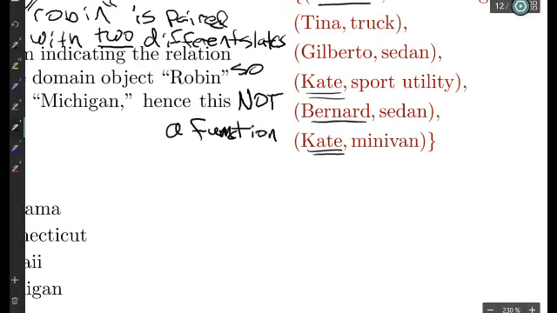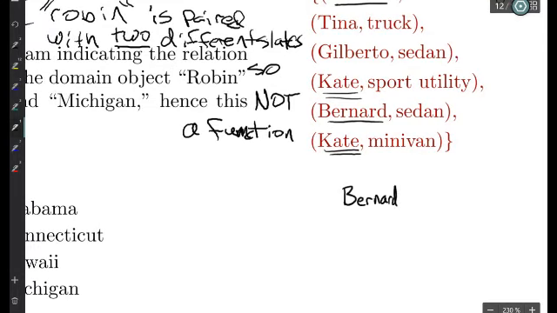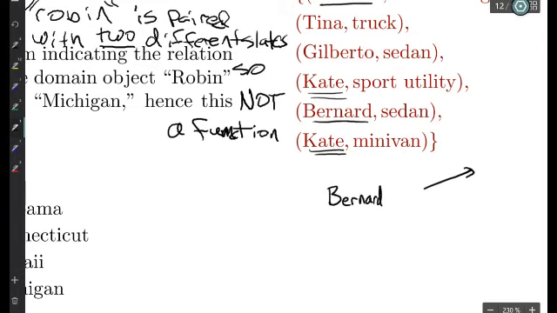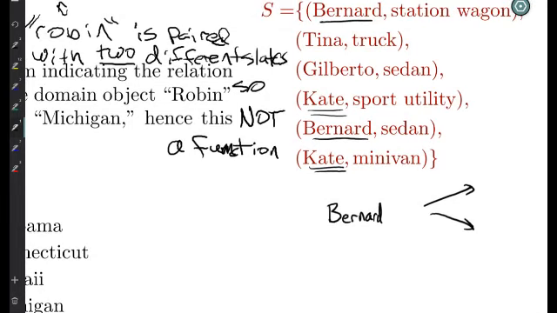So we have old Bernard here, and he maps to station wagon, sedan.